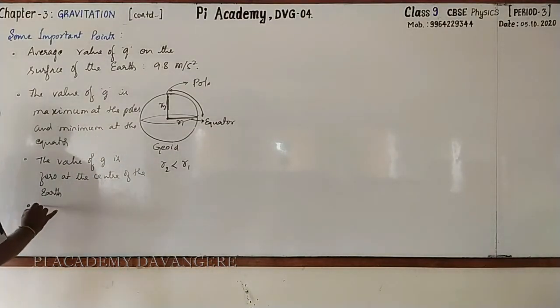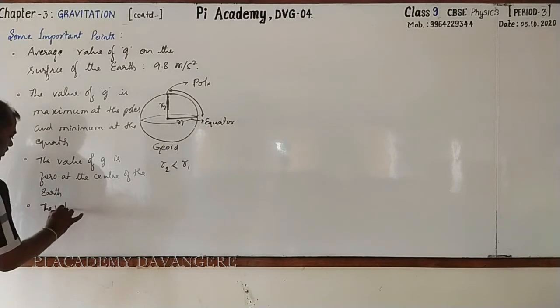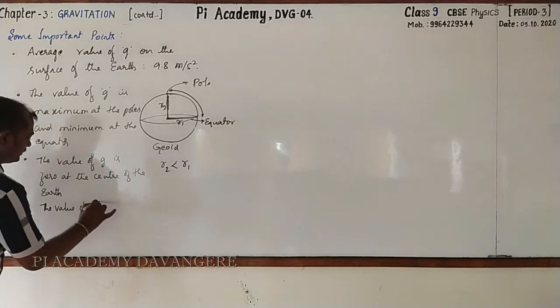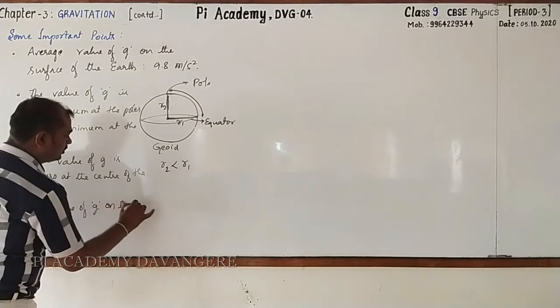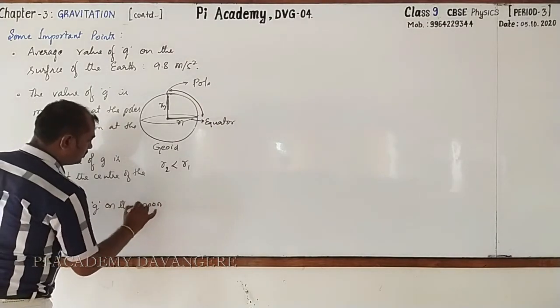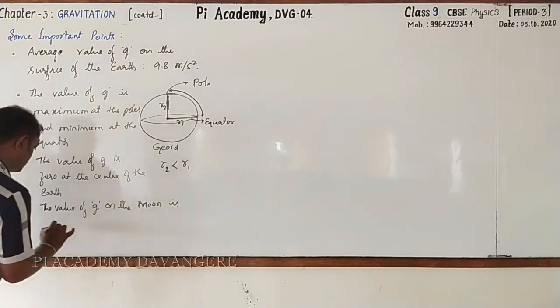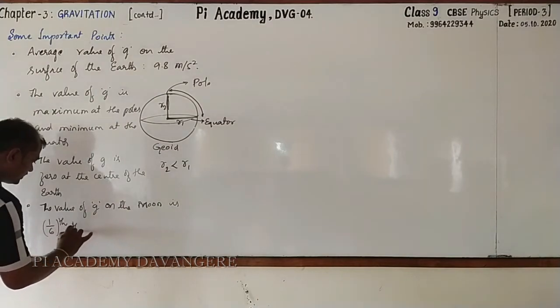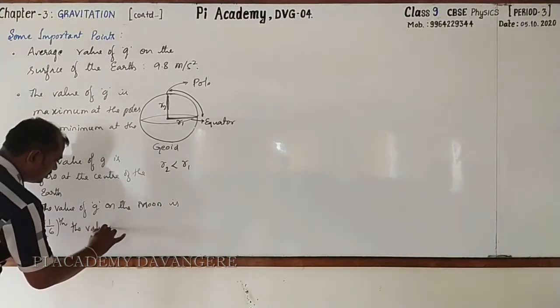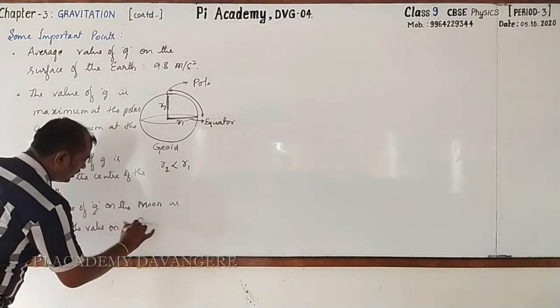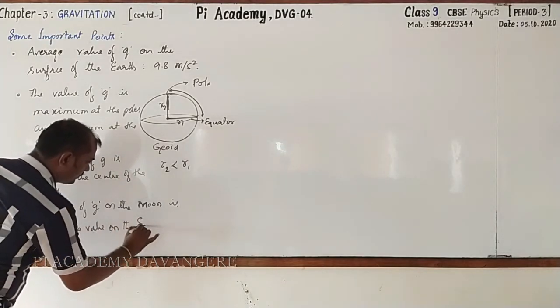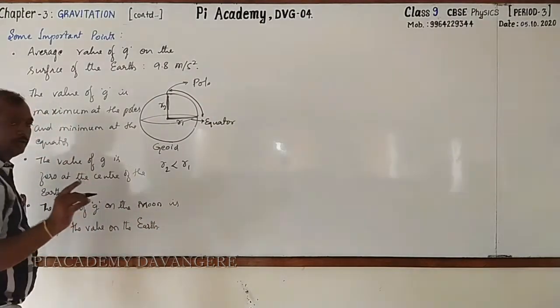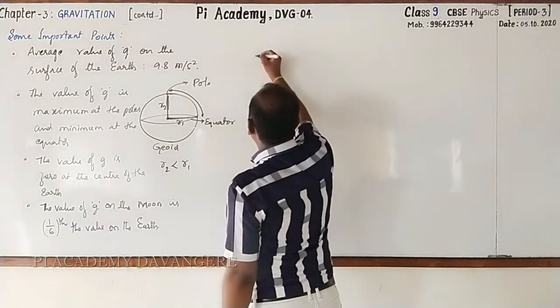Here I'll write: the value of g on the moon is 1/6 the value on the earth. Followed?